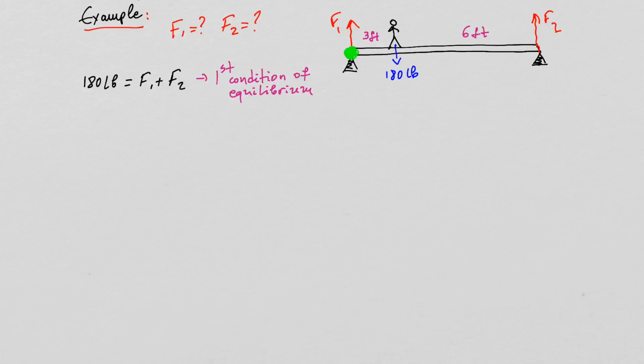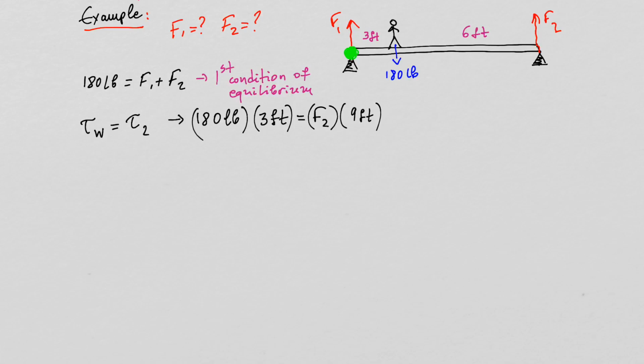And so the second condition of equilibrium says that the sum of all clockwise torques is equal to the sum of all counterclockwise torques. So we have one clockwise torque and one counterclockwise torque, so therefore the torque of the weight of the guy is equal to the torque of force F2. The torque of the weight of the person is equal to the torque of force F2.